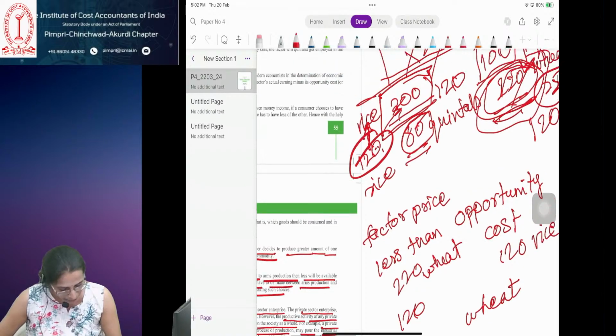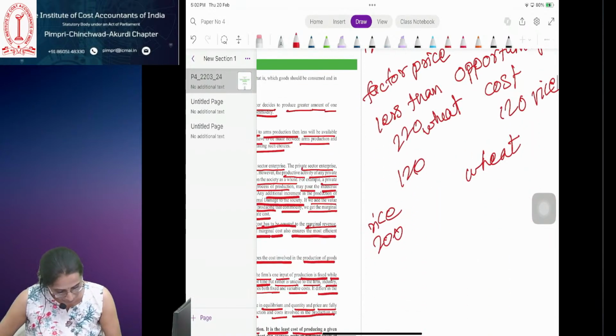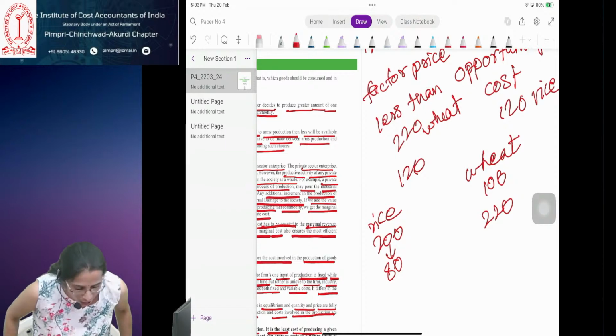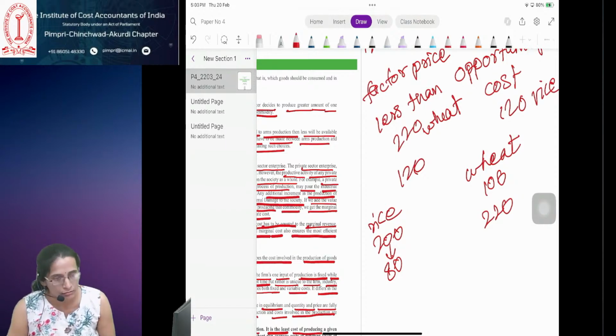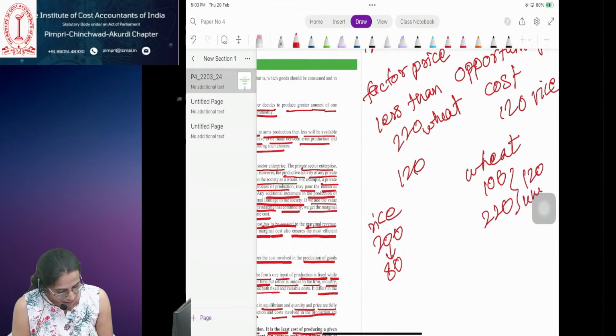Now we are producing 80 quintals. It decreased because the production of wheat increased to 220 from 100, right? So how much is the change in the wheat? Wheat increased by 120 units. Rice decreased by 120 units.